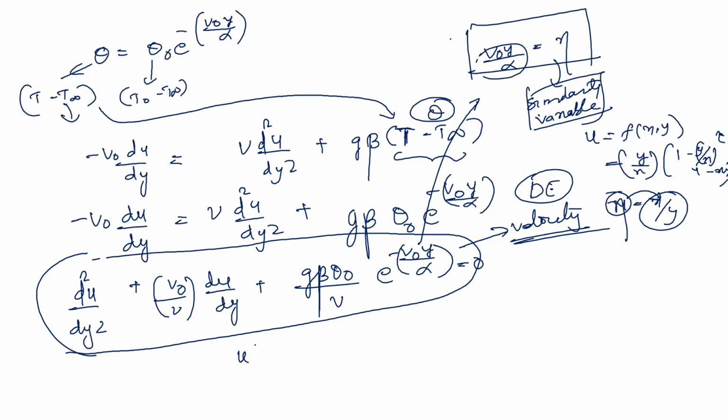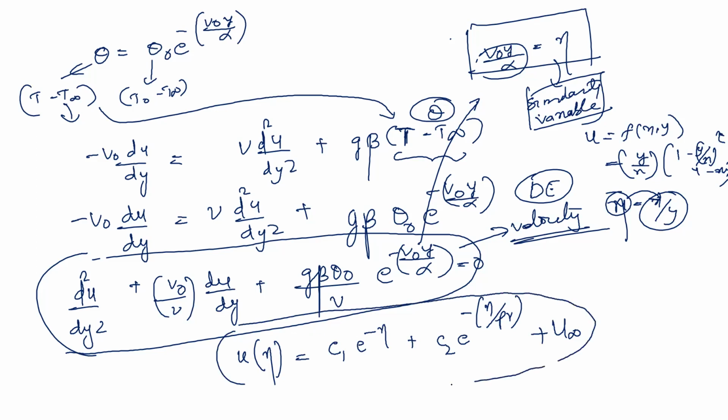Okay. So currently we are going to substitute this with eta. So solving that, u will be a function of just eta alone. So we can obtain after solving C1 e raised to minus eta plus C2 e raised to minus eta by PR plus u infinity. So in the initial question also they have mentioned this part. So please analyze this part. This has got this variable part, and this is the particular integral type, right?